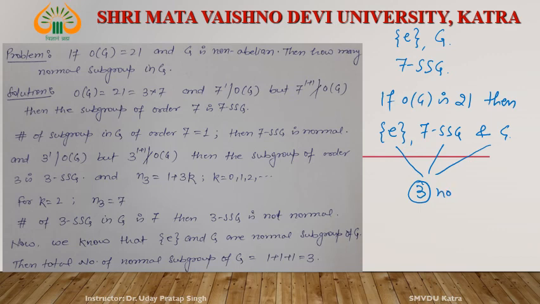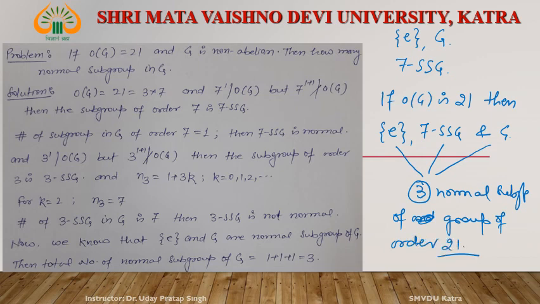This is the answer. The number of normal subgroups of a group of order 21 is 3.